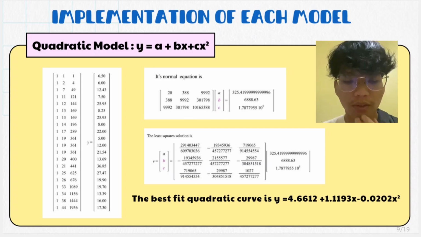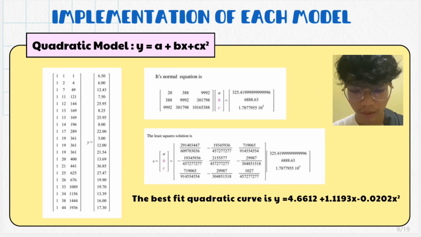Bismillahirrahmanirrahim. Assalamualaikum warahmatullahi wabarakatuh. Today I will talk about the implementation of each model, which are the cubic model and the quartic model. The quartic model is y equals a plus bx plus cx squared plus dx cubed plus ex to the power of 4. Its normal equation consists of one row and one column, and the number of rows depends on the question.